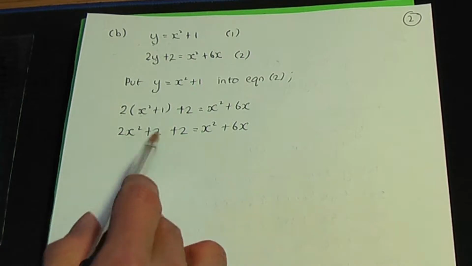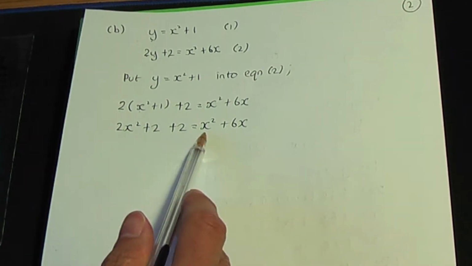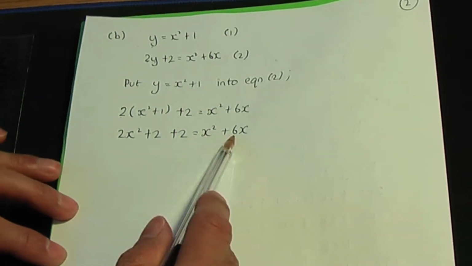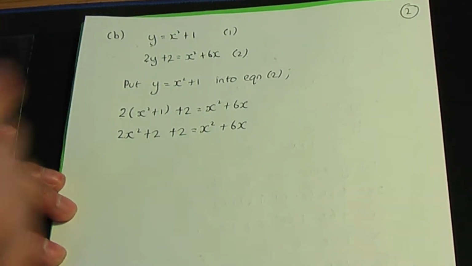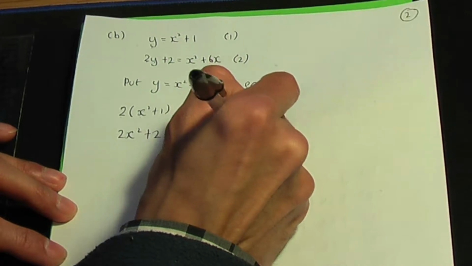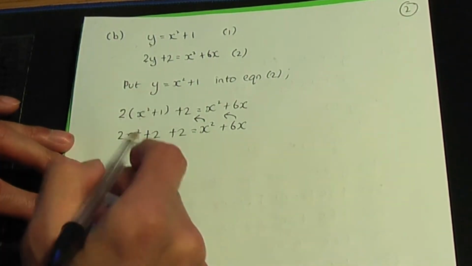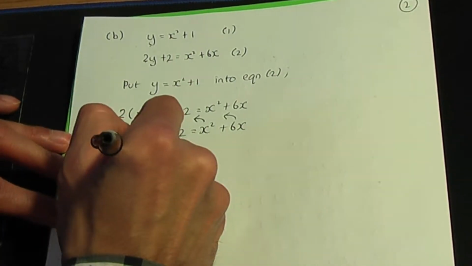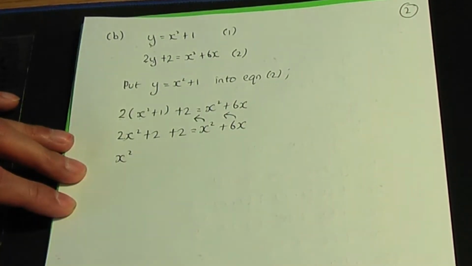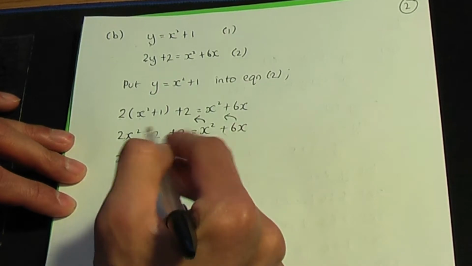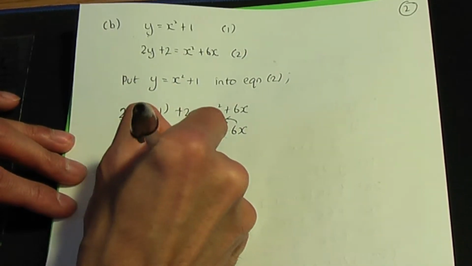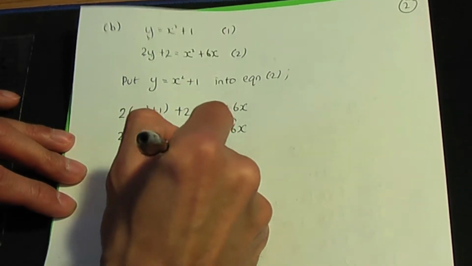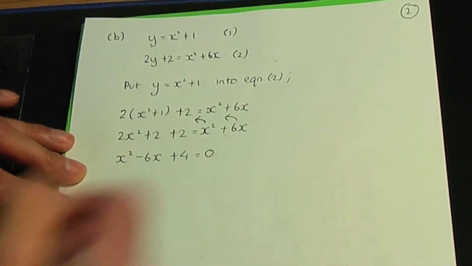Now what I'm going to do is, as I did before, let's try and form a quadratic. So let me take these two terms over to the left hand side. So if I move these terms to the left, we're going to have 2x squared minus x squared, and that is x squared, plus 6x to the left hand side is minus 6x, 2 plus this 2 here is 4, and that is equal to 0.